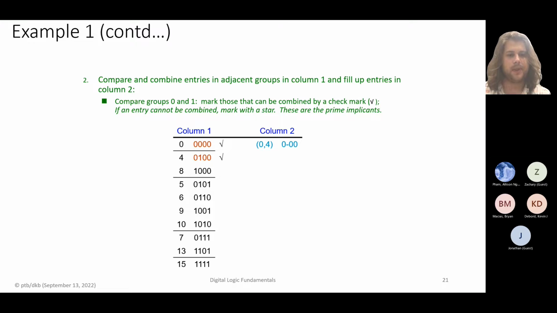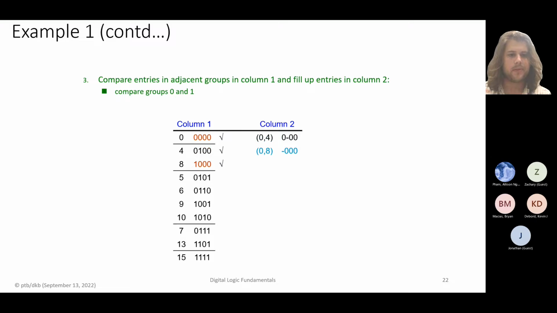We notice that this one also has 1 bit of difference, so we also write it with a dash in the right column. After you compare 0 with 1, you compare 1 with 2. Here we see that 0 1 0 0 has 1 bit of difference with 0 1 0 1. It's in the 4th place, so we write a dash in the 4th place.